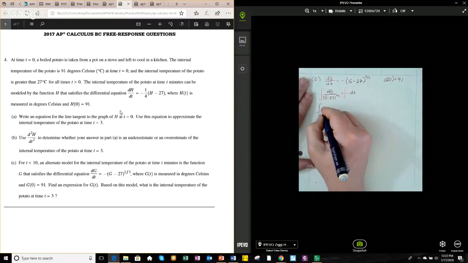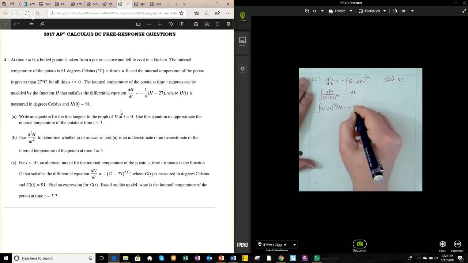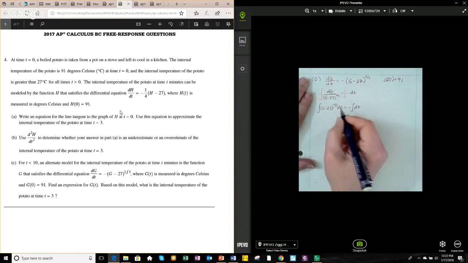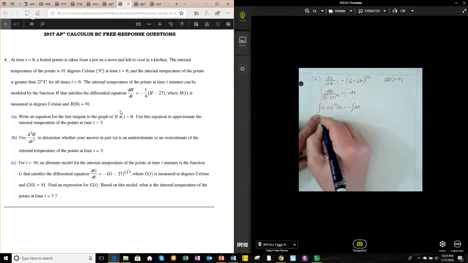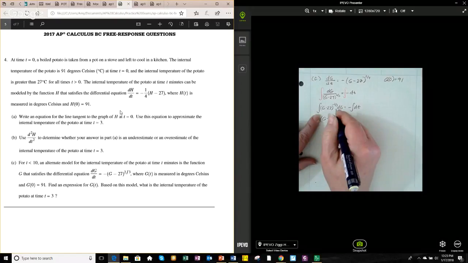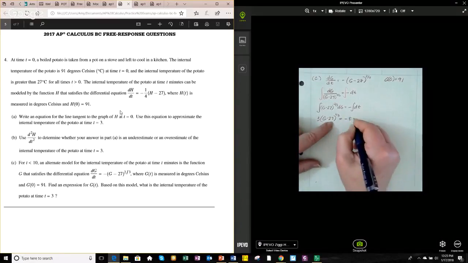So we're going to go g minus 27 to the negative 2/3 dg is equal to negative integral dt. And I'm going to use u substitution here. If I use u substitution, du is going to be equal to dg. So this is really going to be g minus 27 raised to the power 1/3 divided by 1/3, which means I'm going to multiply by 3, equals negative t plus c.